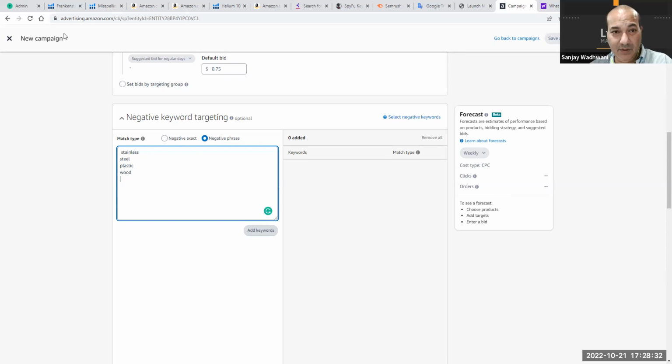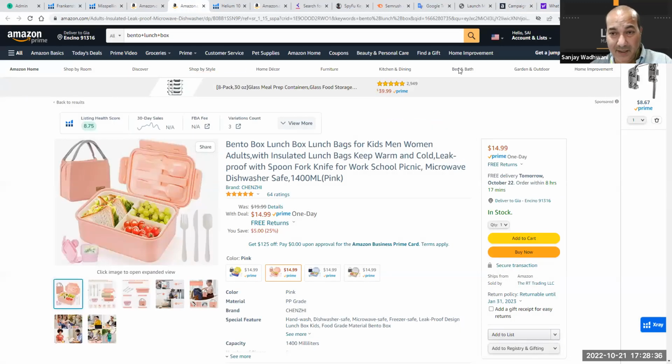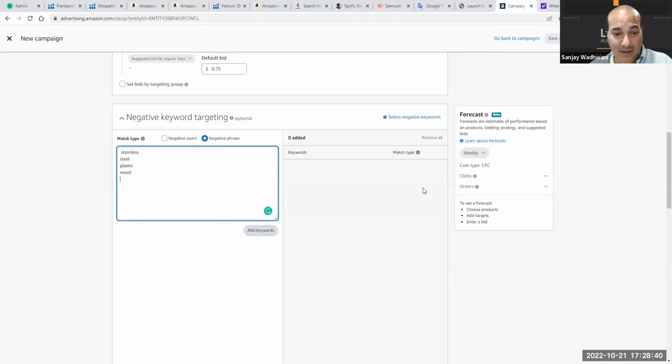Let's say, for example, the colors. The color of this product is pink, and somebody is looking for different colors. So you want to be upfront and very straightforward with your campaign, saying that my product is not yellow, it is not white, it's not black, so that in the future, whenever any keywords come along, like a black bento lunchbox, you understand?